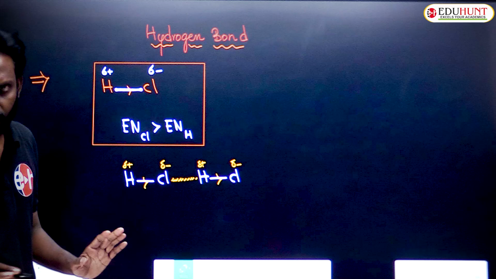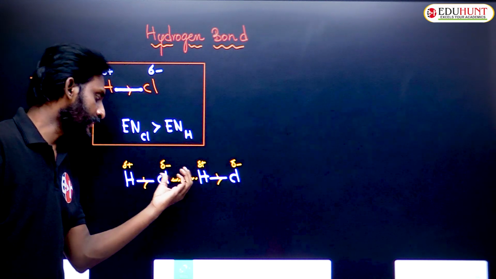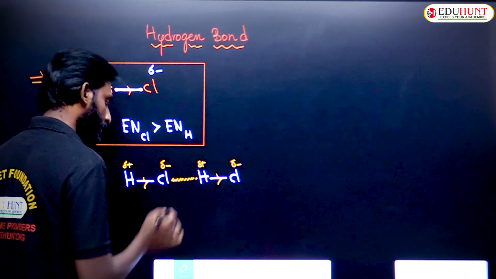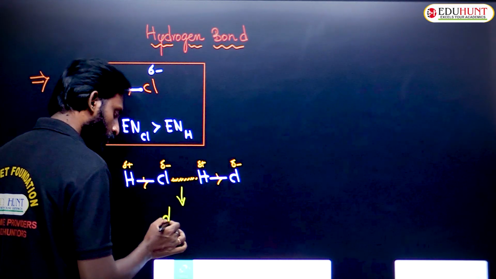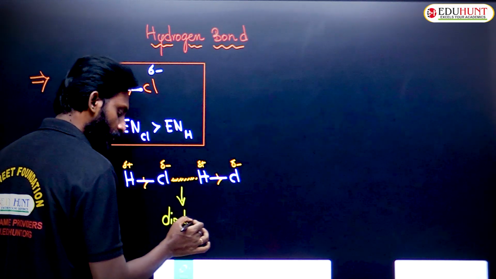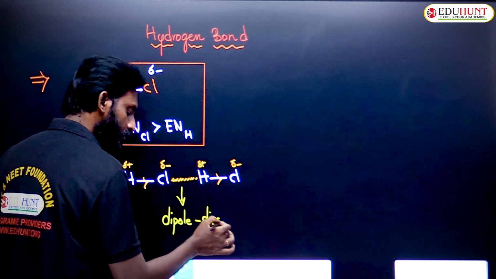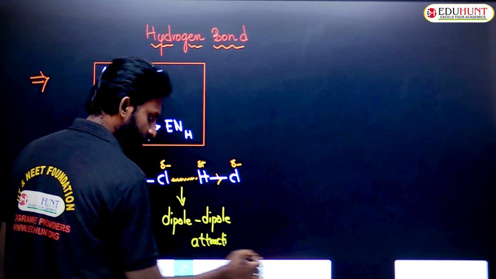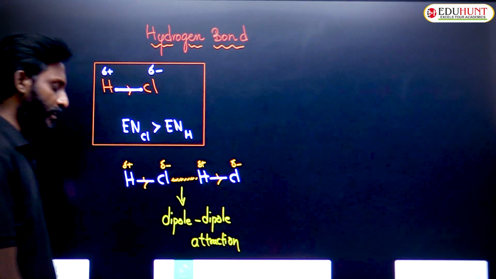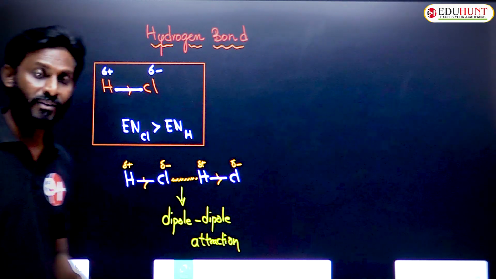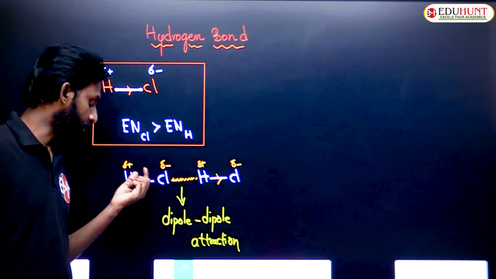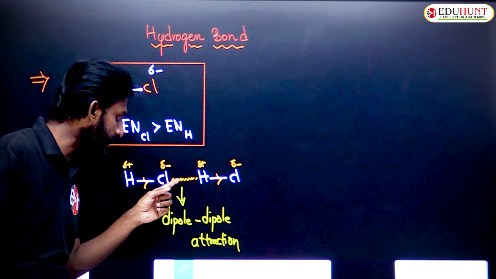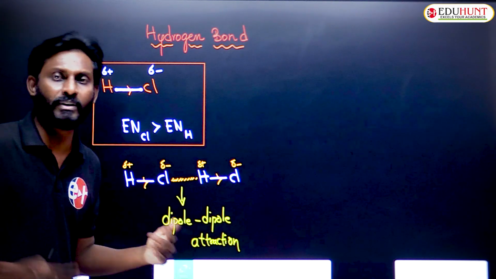This attraction is called dipole attraction. The name is very much justified, right? This is a dipole having polarity, negative pole, positive pole. This is another dipole, and the attraction between dipole and dipole is the dipole attraction.